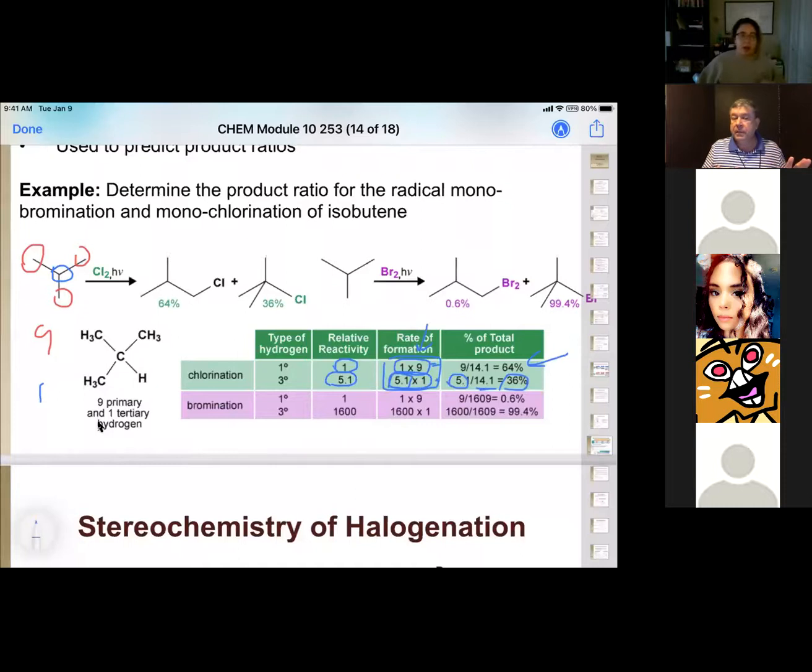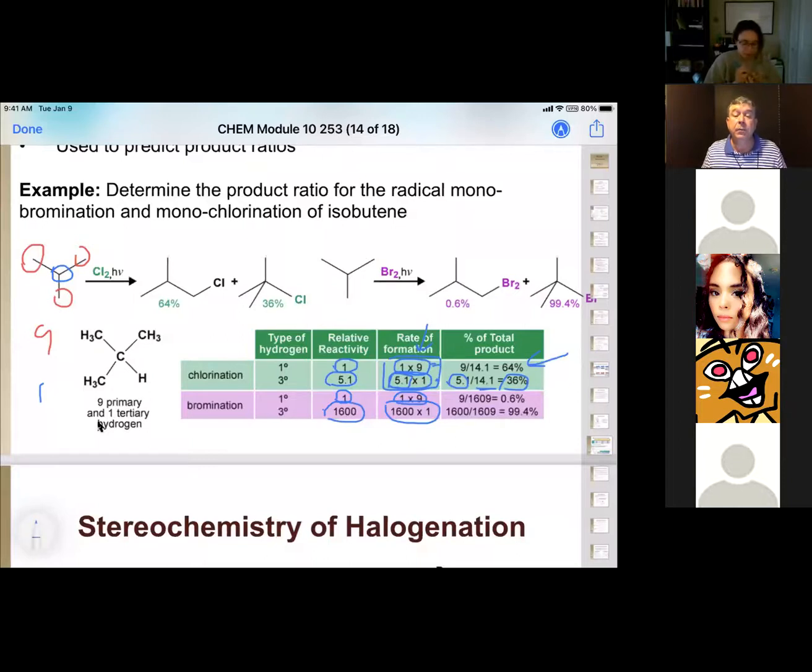So chlorine was a little bit selective. It had some of the tertiary, but most of it was the primary. Let's look at bromine. Bromine, a relative ratio of 1, so that's 1 times 9 hydrogens available to us. But the tertiary is 1,600 times faster. So we only have 1 hydrogen there, so 1,600 times 1.